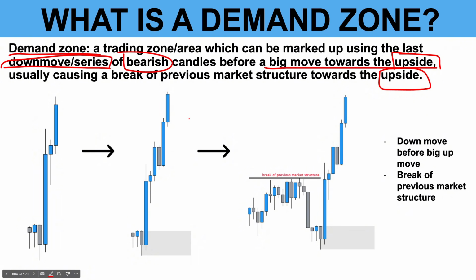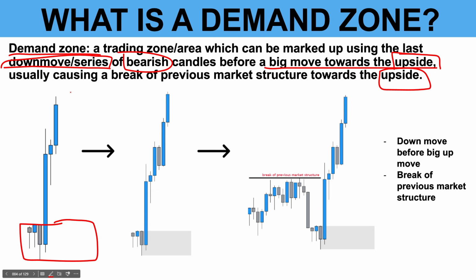So again, let's look over here. We have a big impulsive move towards the upside with lots of momentum. So to go and look at what the demand zone is, again, it's a trading zone / area which is the last down move before the big up move. So where is the last down move in this diagram? It is right here. So this is where my demand zone is, right?